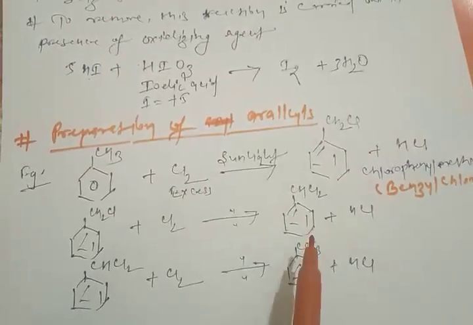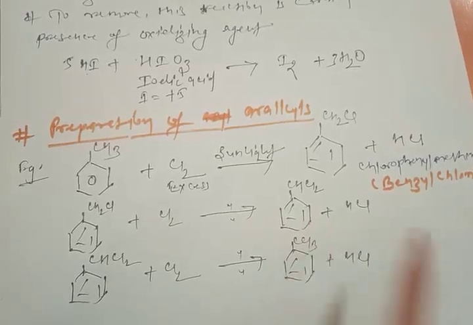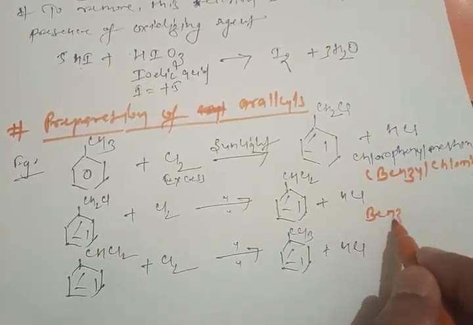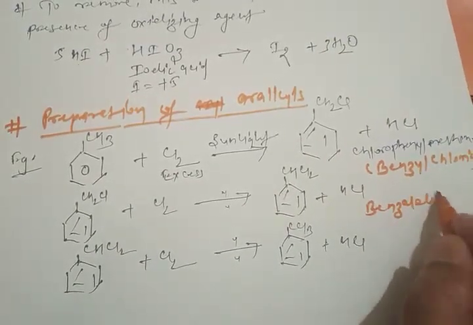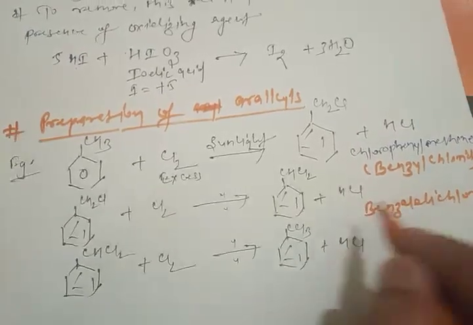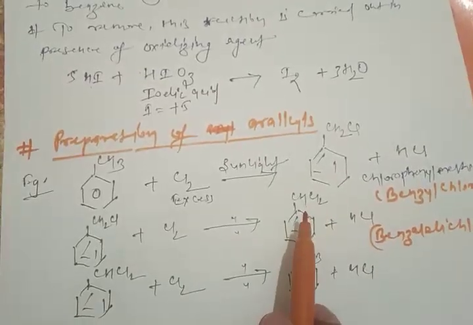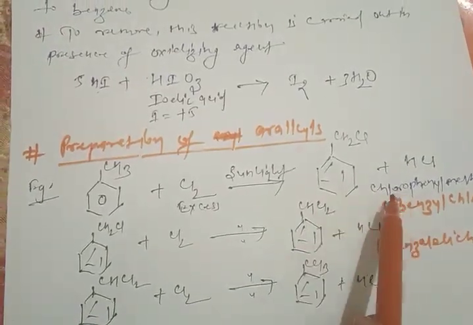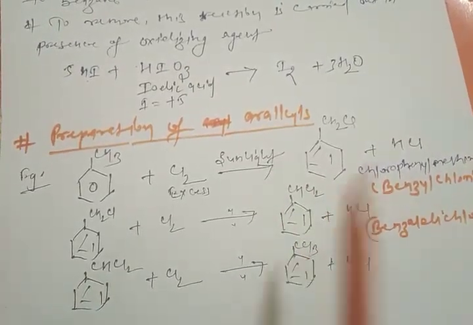And what is the name of this compound? This will be benzyl dichloride. The other name you can write is dichlorophenyl methane. Like this is chlorophenyl methane, so it will be dichlorophenyl methane.